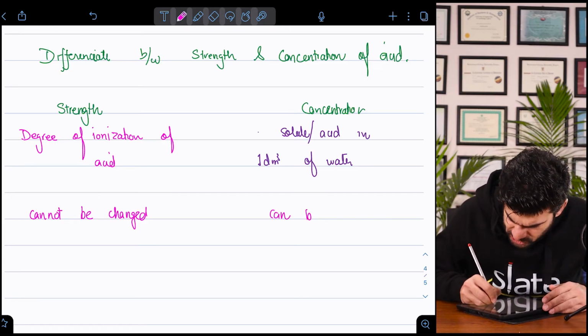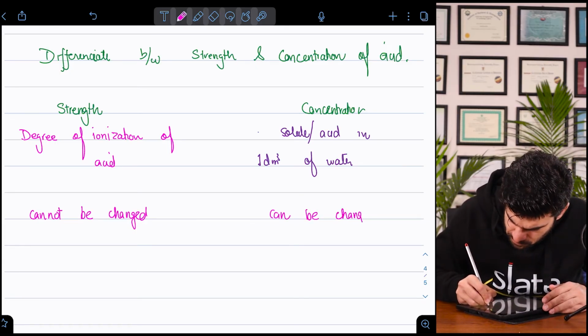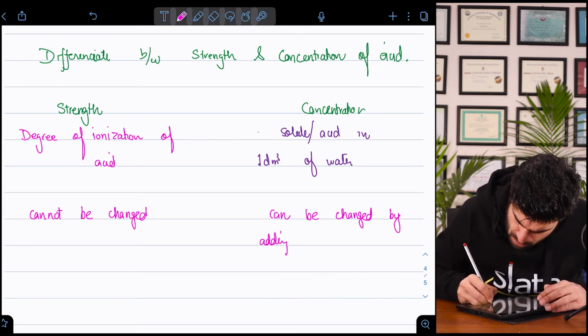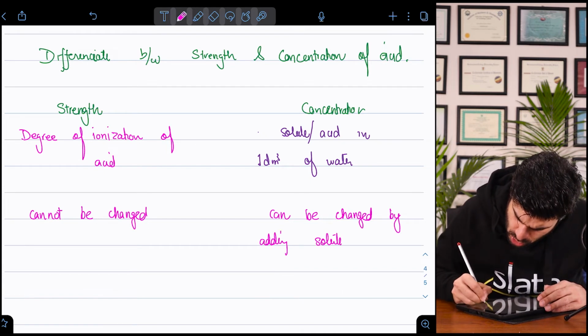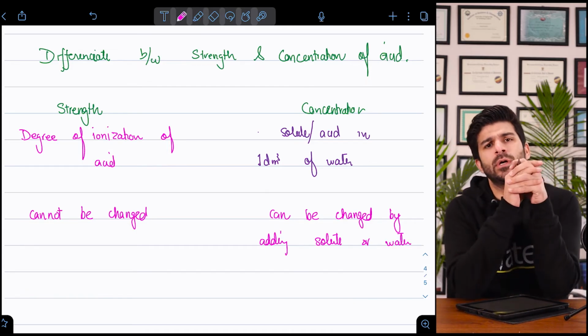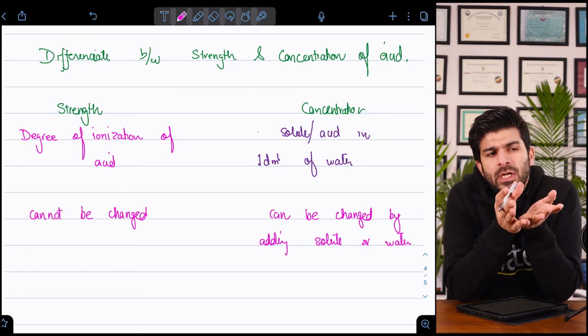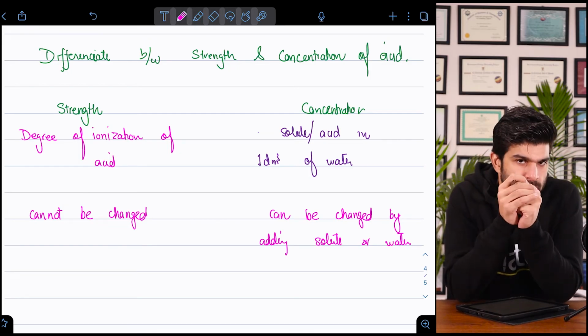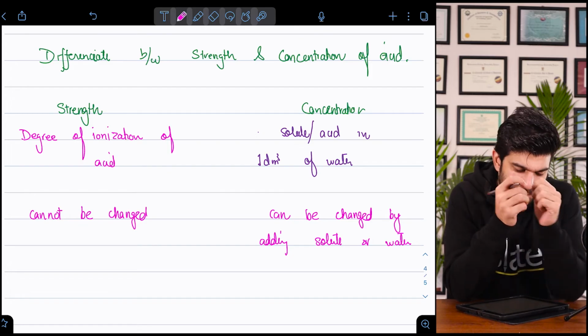So it can be changed by adding solute or water. So these are the 3 types when we talk about the classification of acids. Now the most important part of this chapter are the reactions of acids.